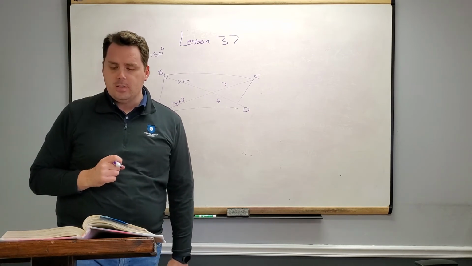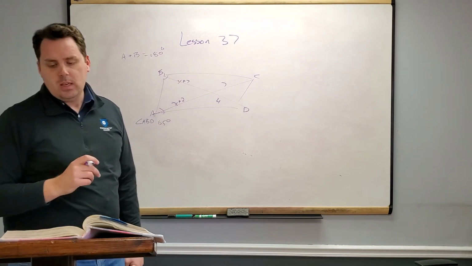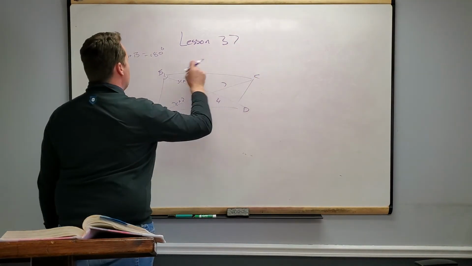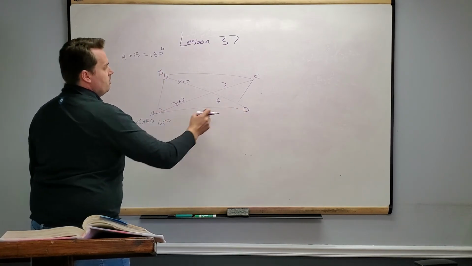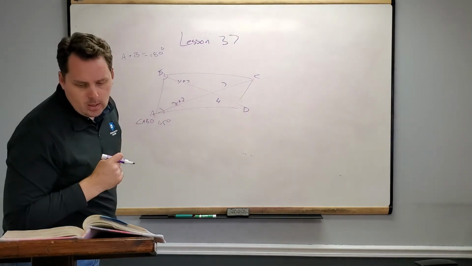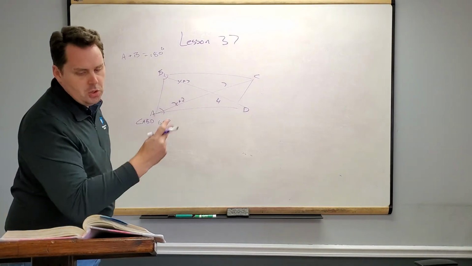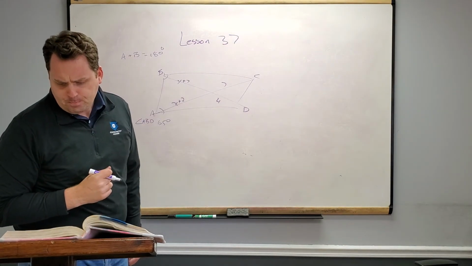And then find X and Y. Okay? So I think we already know what angle DCB is, right? DCB is the same as BAD, right? Because the opposite have equals according to number 2, okay?